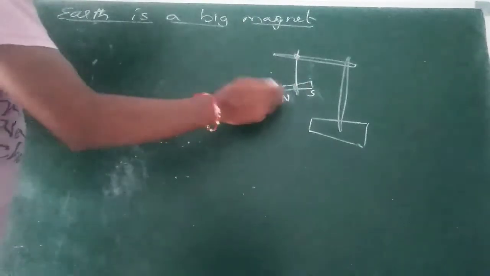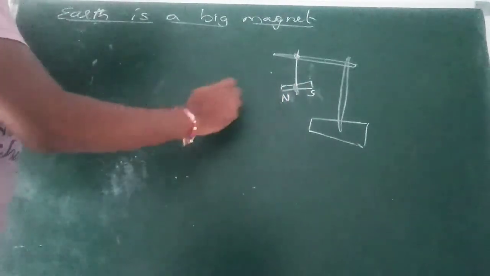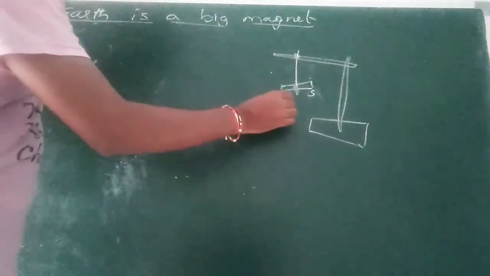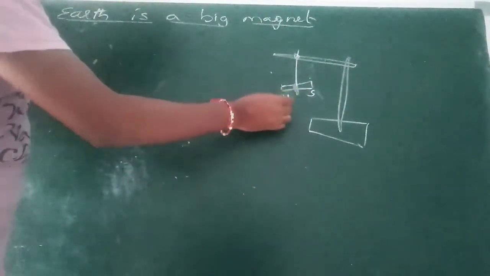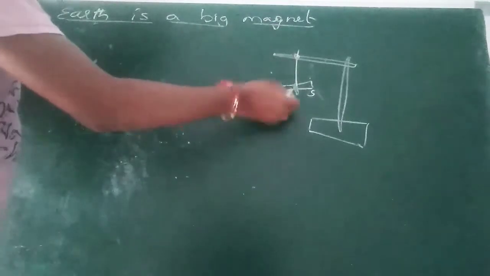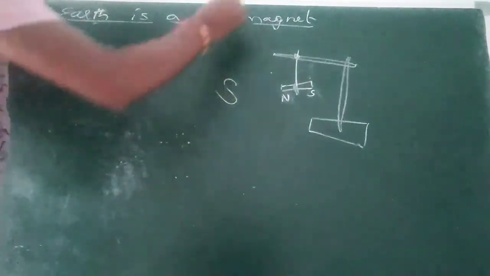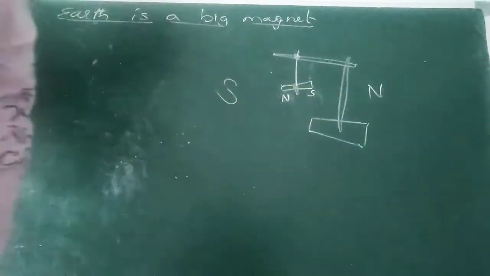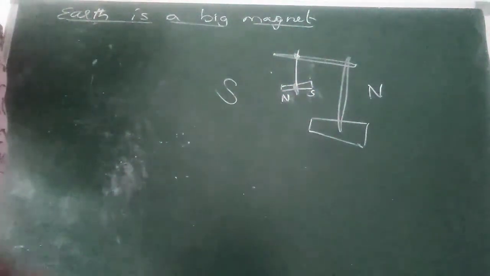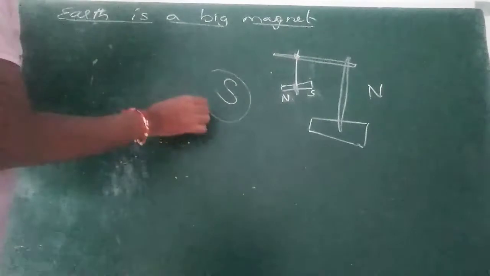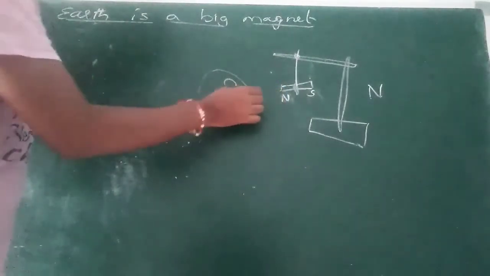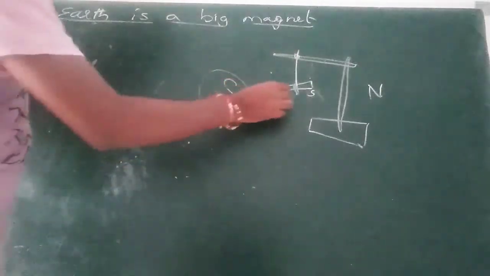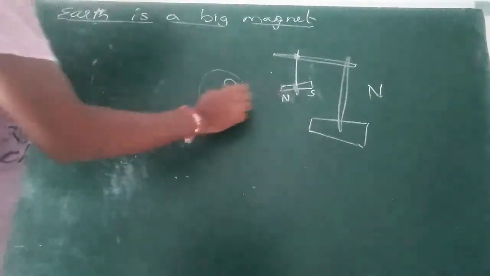As we know, opposite poles attract each other. So some opposite pole must act on this north pole, and some opposite pole, the south pole, acts here, and the north pole acts on the south pole. That's why the south pole is acting towards the north pole of the bar magnet, and they get attracted because opposite poles are placed together.